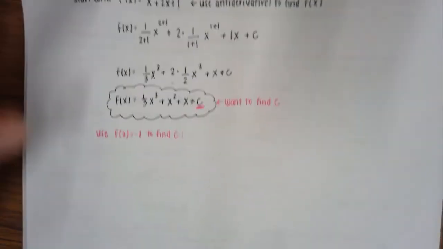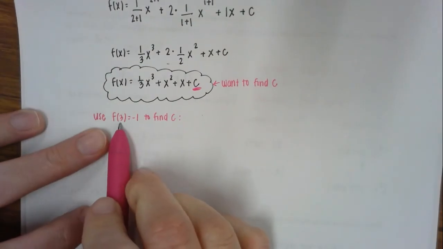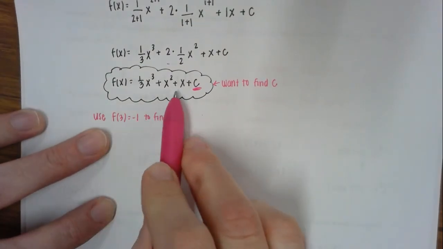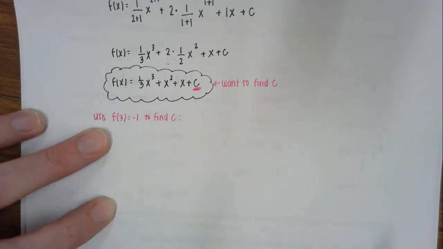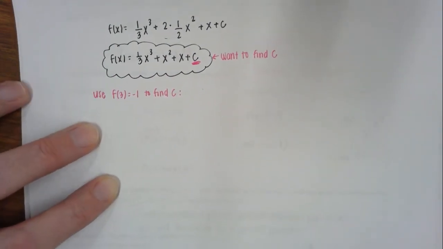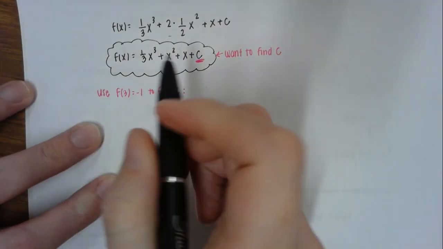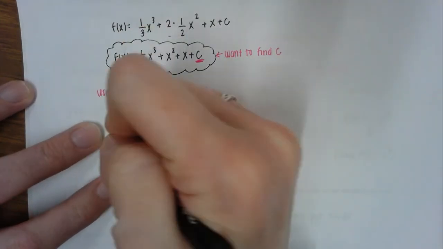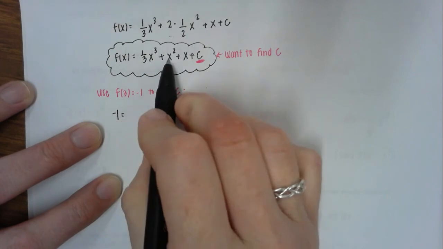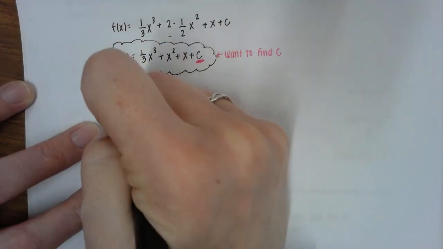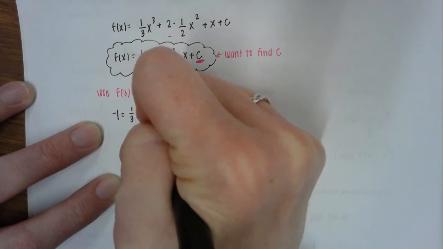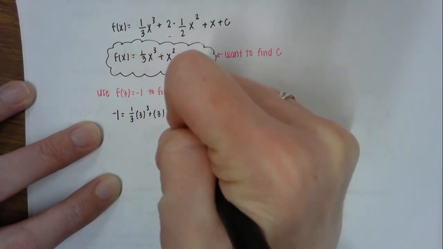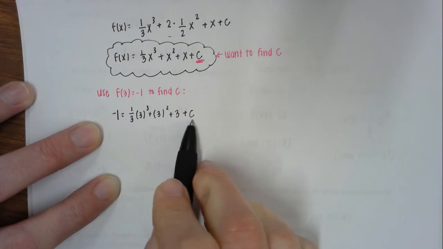And that basically means that I want to plug in an x value of 3 for any x's that I have in my function, and I want to plug in -1 for my y, or for my f of x. So I'm going to replace this f of x with -1, since that's my y value, and I'm going to go ahead and replace every x here with 3. So 1/3 times 3 to the third plus 3 squared plus 3. And then I want to find c, so I'm going to leave that as my variable.